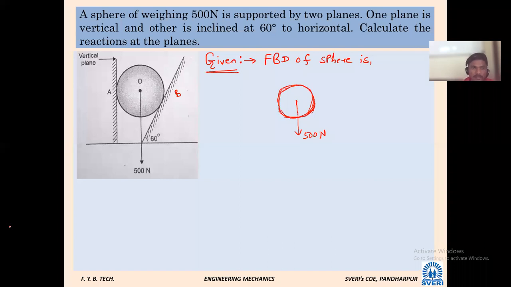How much angle this plane has made with horizontal? 90 degree. Then how much it's at that contact point? The reaction will make angle with vertical 90 degree. It is as simple as this. Means reaction at that point will be something like this.